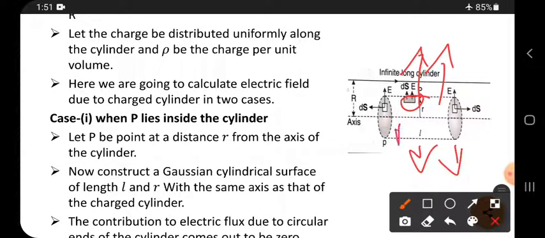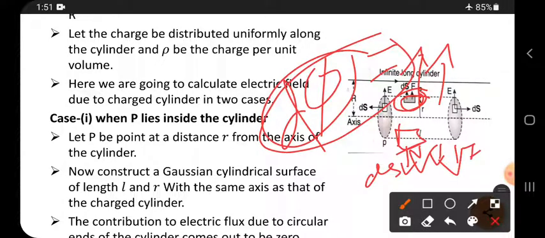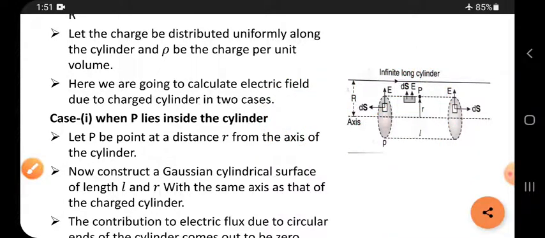And if we consider a small area element ds on this side, E is also on this side. So just consider one small area anywhere on the curved surface and calculate its flux. You get a small flux value, and if you integrate it, you get the total flux through the surface.